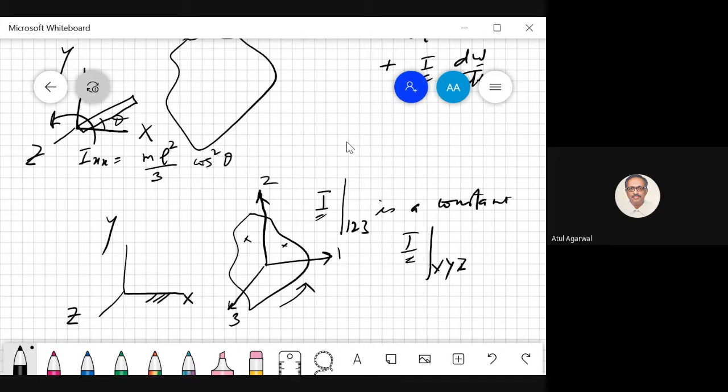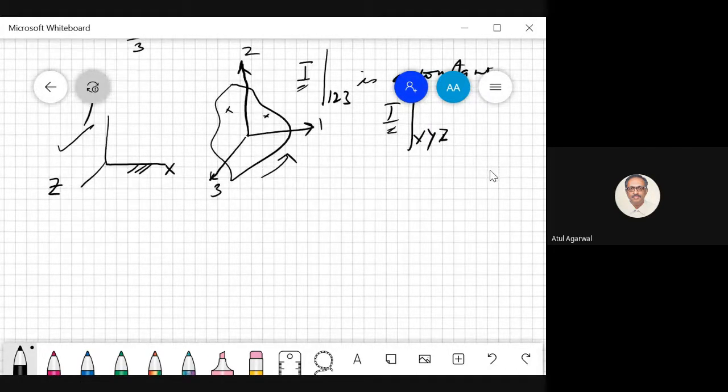So now what I have to do? I want my time derivative with respect to this coordinate system, while I also operate in this coordinate system as far as I is concerned. For example, I take a vector A. Vector A is fixed in this body.